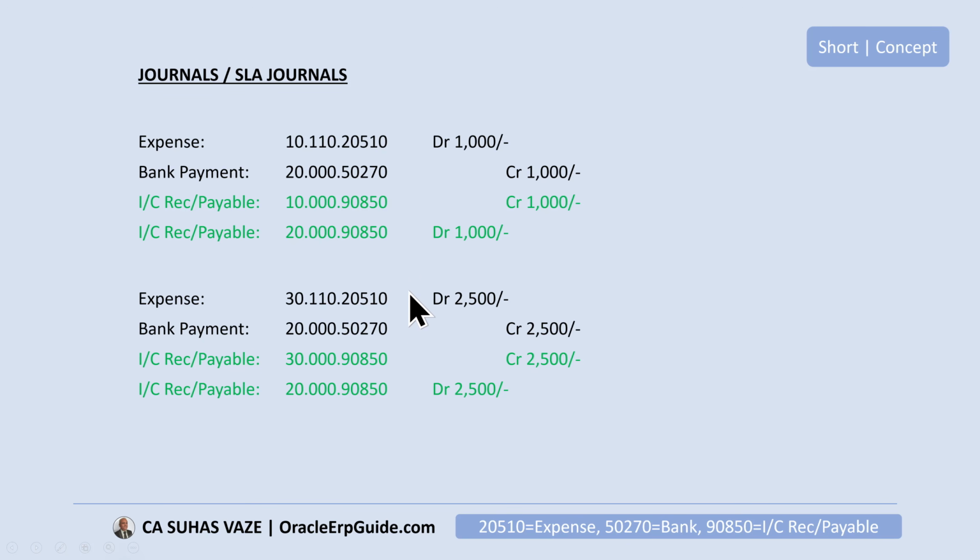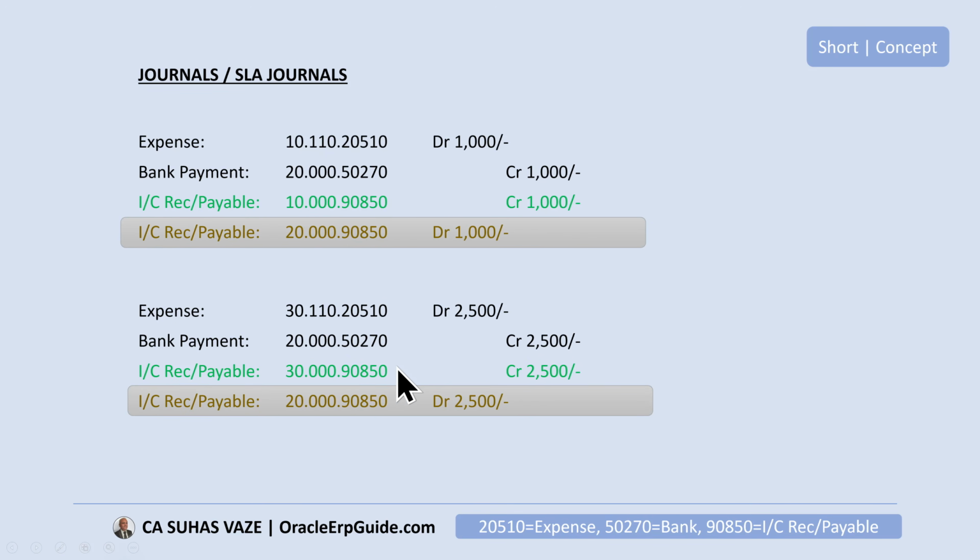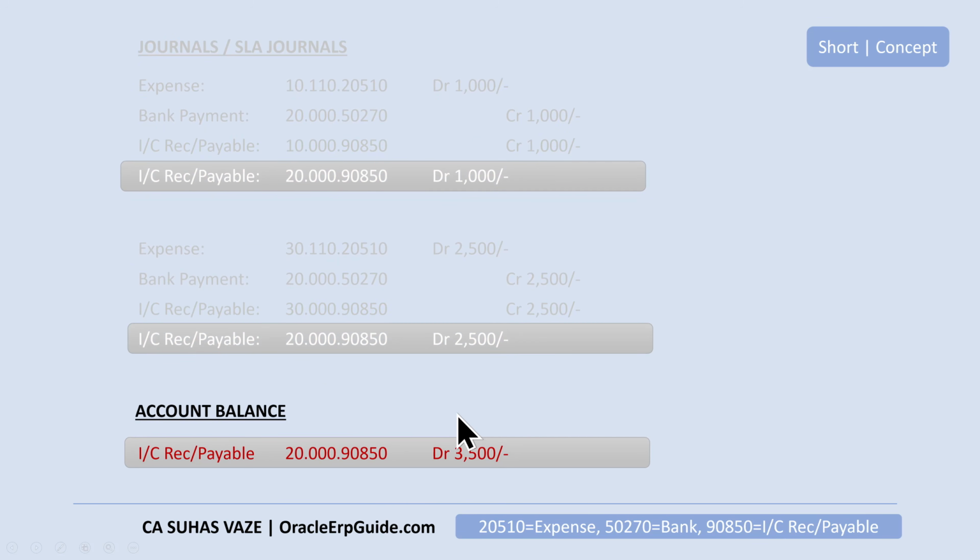But you can see when we are not using the intercompany segment, at the time of recording of these intercompany receivables and payables, there is no mention of to which company that particular receivable or payable relates. And that is the reason, if you look at these two lines from the perspective of company 20, the account balance that will be maintained at the end of the month will be like this.